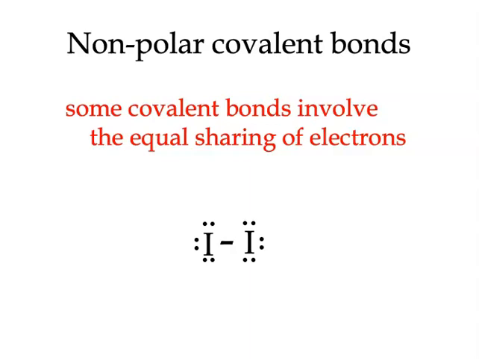There's two iodines, and we talked about the fact that this little line is representative of two electrons being shared. It is true that iodine is considered a nonpolar covalent bond because two iodines are able to pull equally on those two electrons. So, in a sense, no one really wins the tug of war.